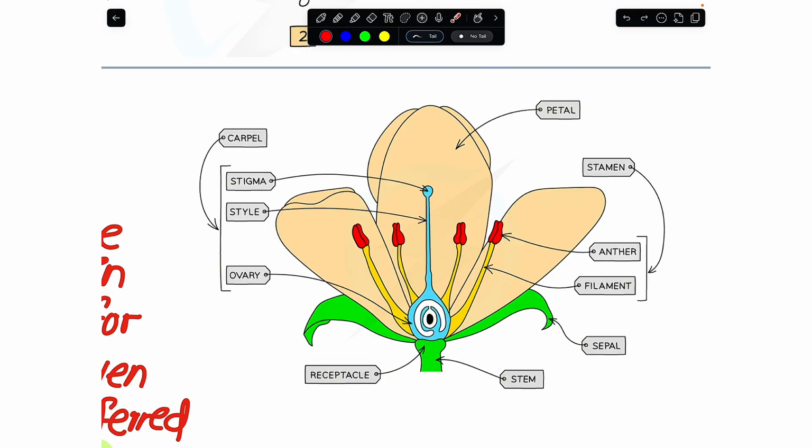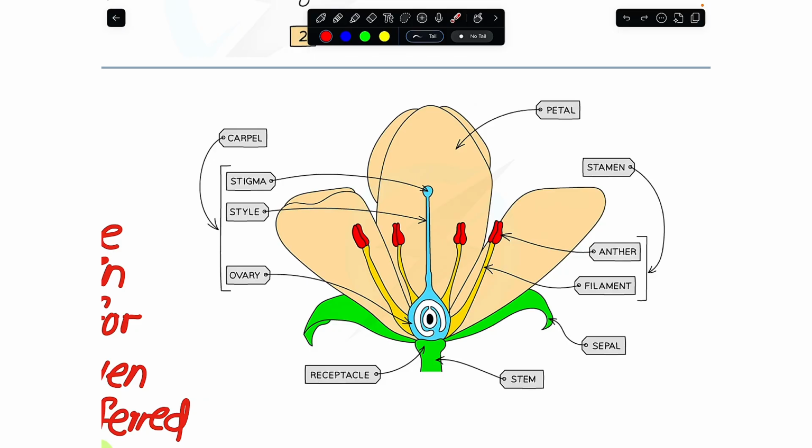The issue here is that the male gamete lies within the anther, within the pollen grains, and the female gamete is a female nucleus, which lies within the ovule. So the positioning of the male and the female gamete within the flower is at different locations.